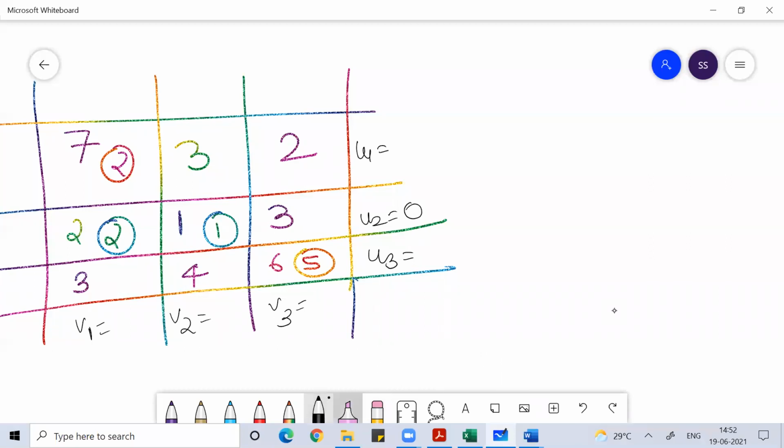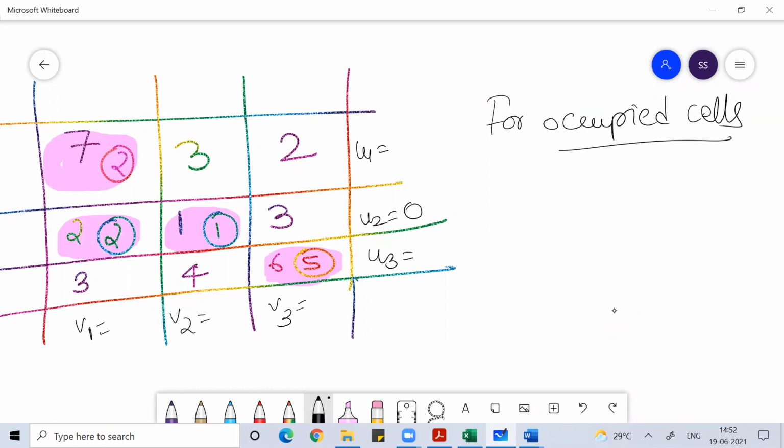So you can see your occupied cells. This is an occupied cell, this is an occupied cell, this is an occupied cell, this is an occupied cell. Remember, for the occupied cells, we use the formula Cij is equal to Ui plus Vj.